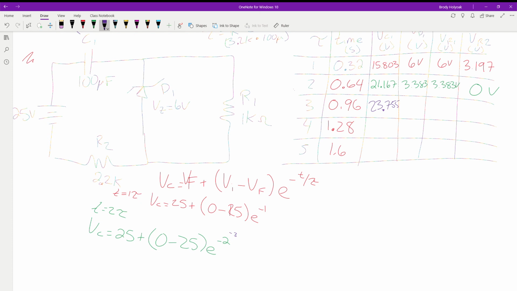How much is dropped across the diode? How much across R1? The same. How much across R2? 0.